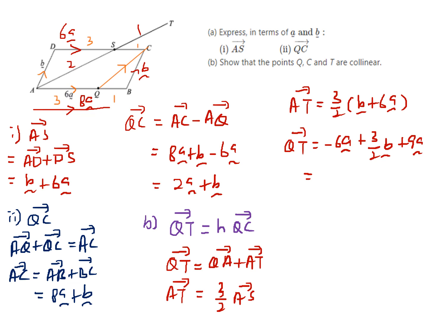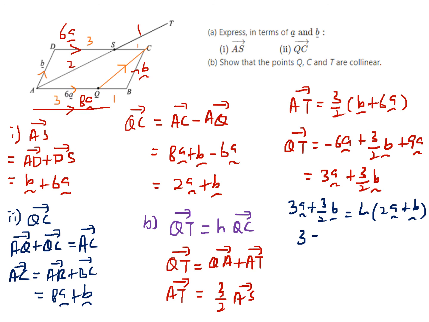At last, we get vector QT as 3 vector A plus 3 over 2 vector B. Now we write QT as h QC. 3A plus 3 over 2 B equals h times 2A plus vector B. By comparing vector A, 3 equals 2h, so we get h equals 3 over 2.